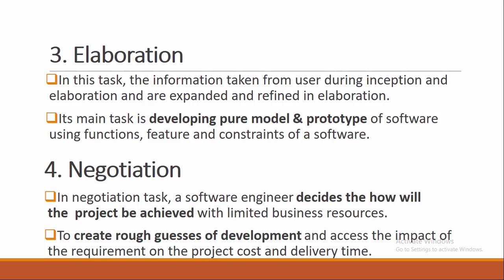All requirements cannot be accepted. Here requirements are prioritized, development cost is estimated and delivery time is finalized. So the goal of the negotiation task is to achieve a balance between customer expectations and business constraints.